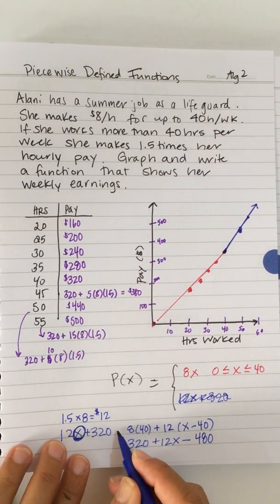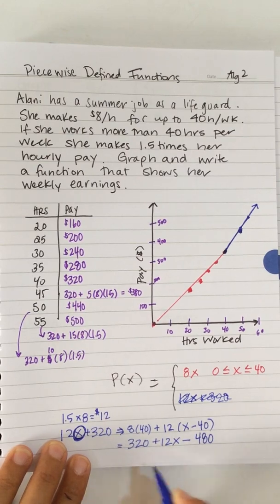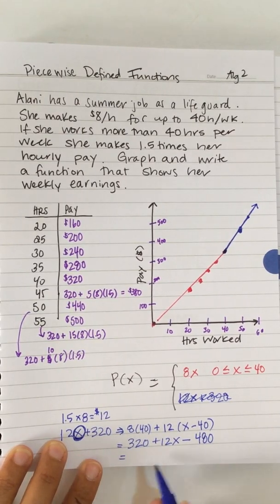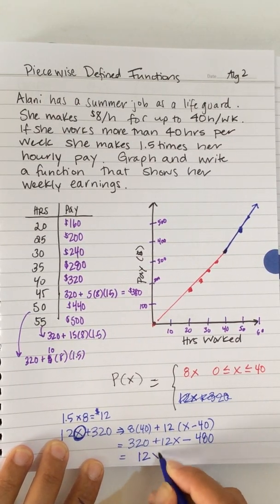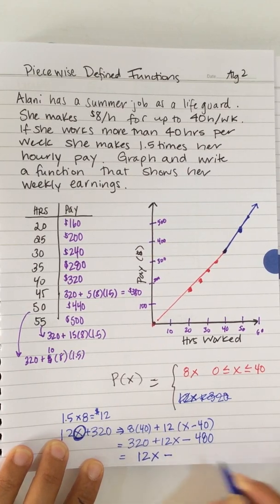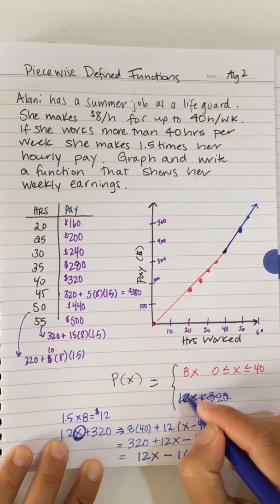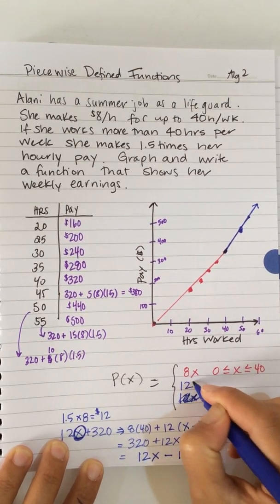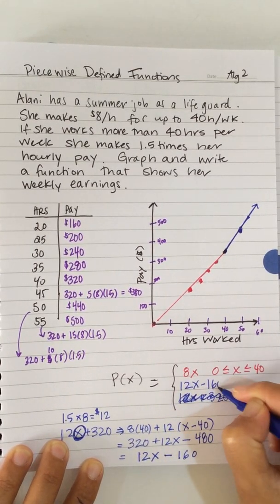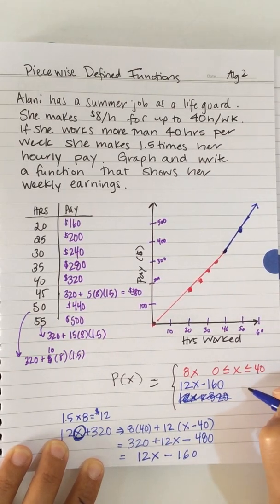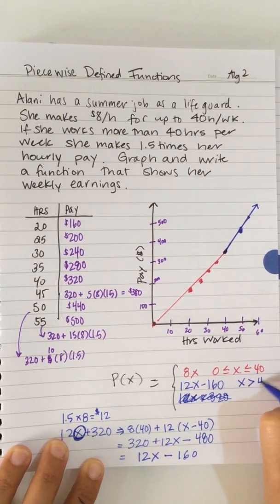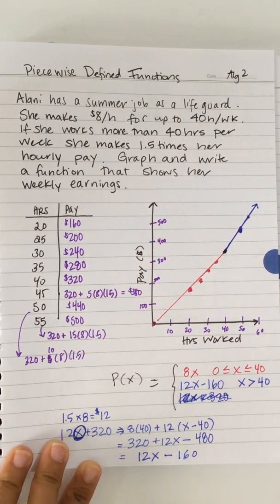Then we simplify that more. Can combine 320 minus 480 and we get the linear equation 12x minus 160. So this ends up being 12x minus 160 when x is greater than 40. So this is our piecewise function.